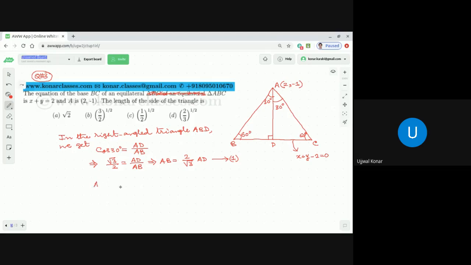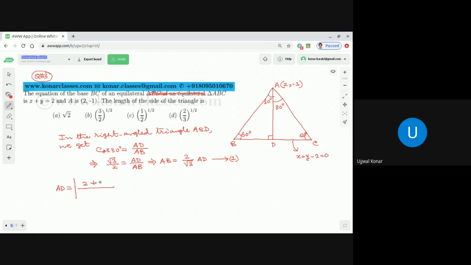Let me do it here. The value of AD is equal to mod of, instead of x we write the x coordinate of the point A, that is 2.